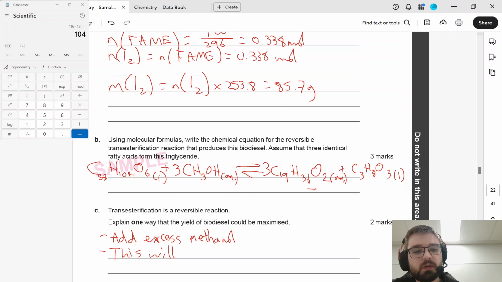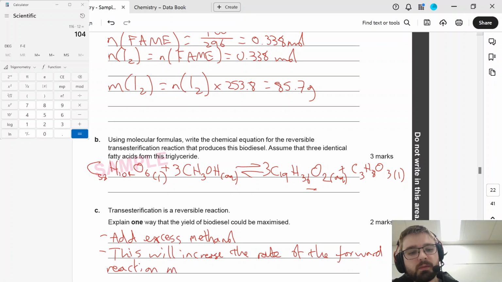This will increase the rate of the forward reaction more than the reverse, increasing the amount of products and thus the amount of the fatty acid methyl ester.